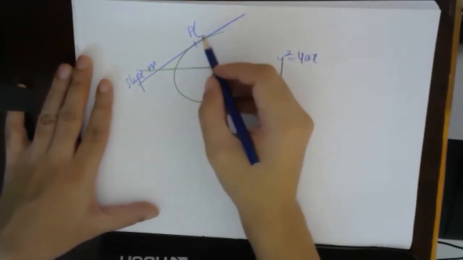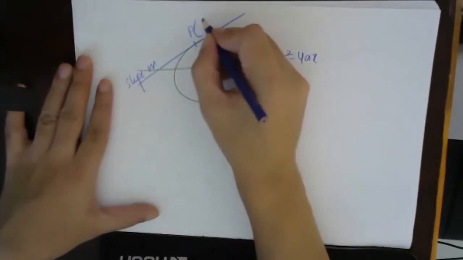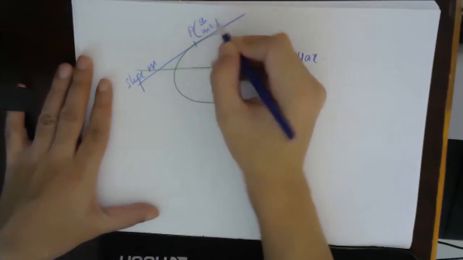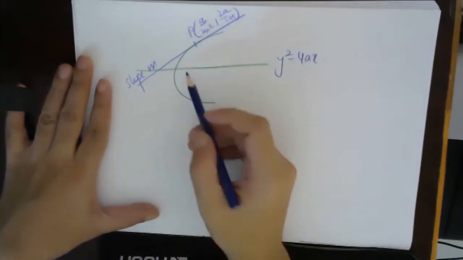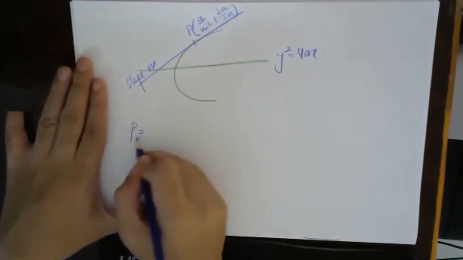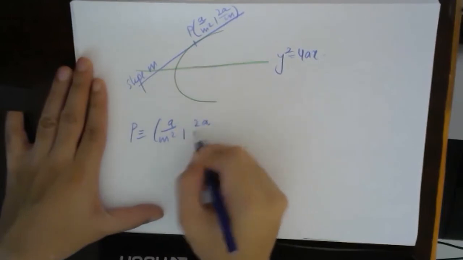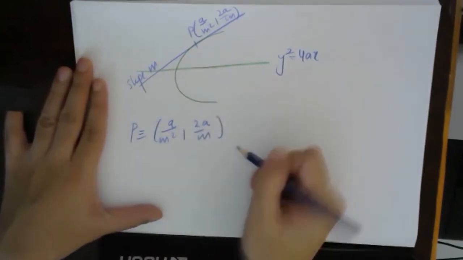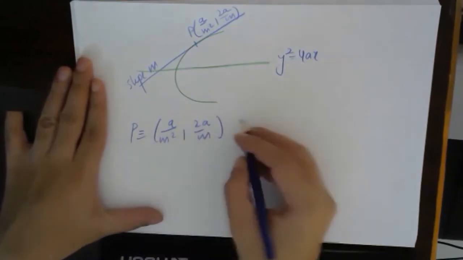Okay, so this point of contact of the line and the parabola is P is equals to a by m square comma 2a by m. Okay, a by m square comma 2a by m.